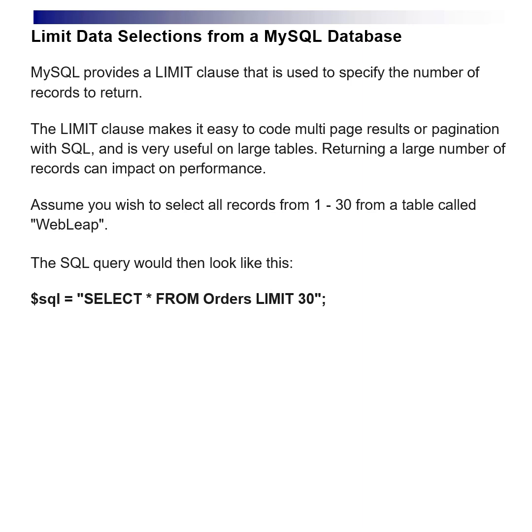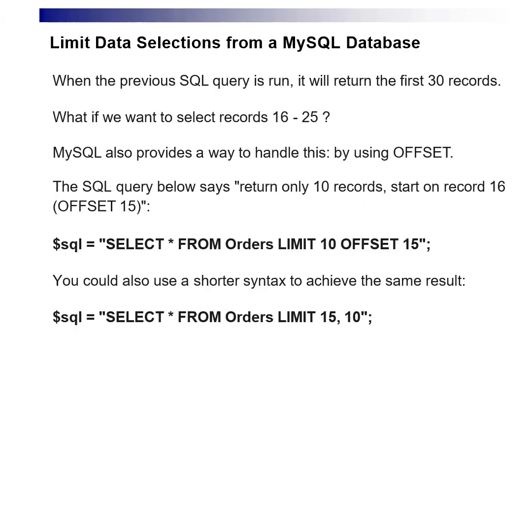Assume you wish to select all records from 1 to 30 from a table called Weebly. The SQL query would then look like this. When the previous SQL query is run, it will return the first 30 records.